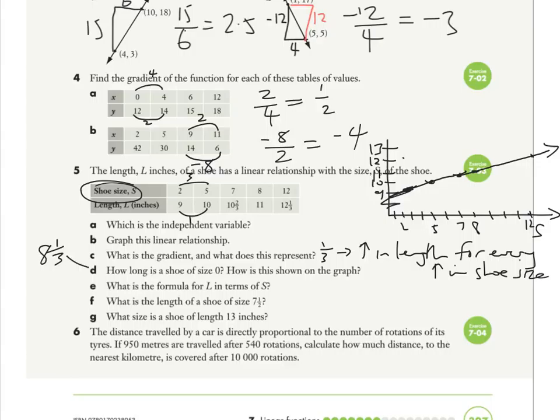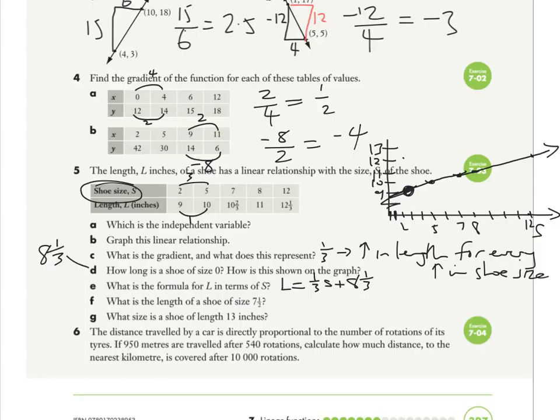Now you can do that because the gradient is 1/3, so if we know 9, we can go down a third, which will correspond to the 1, and down another third, which corresponds to the 0, which is 8 and 1/3. Now, how's this shown on the graph? It's a vertical intercept. Now the formula, so L equals, or y equals, the gradient, 1/3 S, plus the y-intercept, which was 8 1/3.